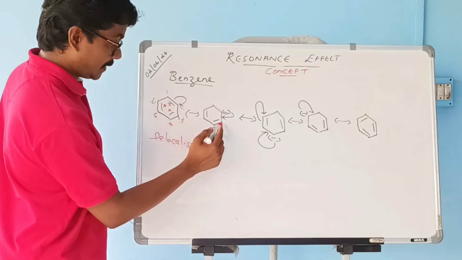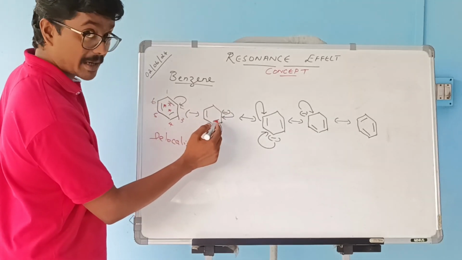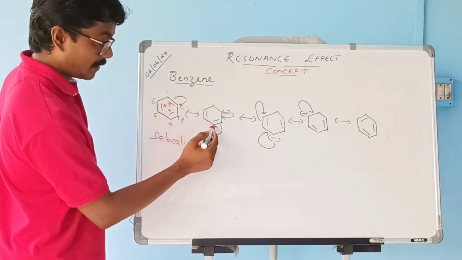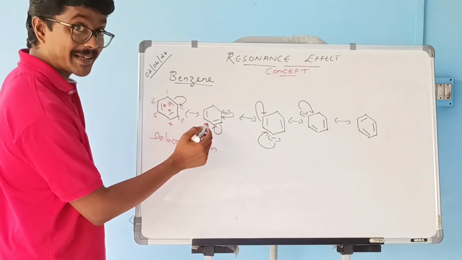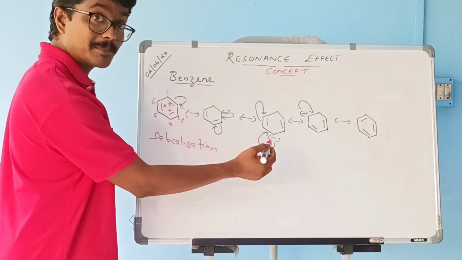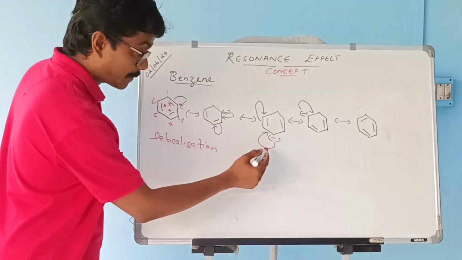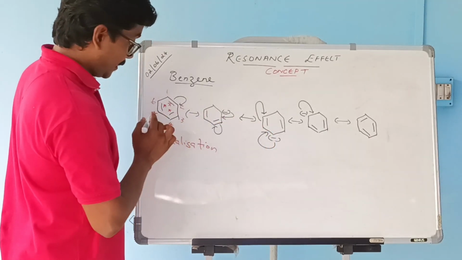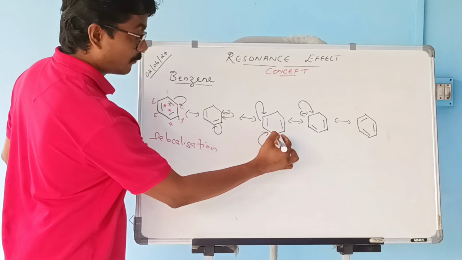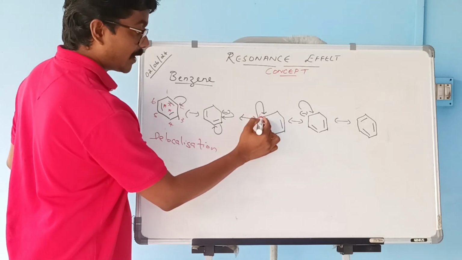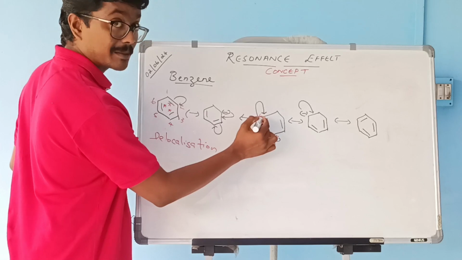The pi bond between 3 and 4 will move to the fourth carbon atom, the para position. So the negative charge comes there, and again the pi electrons are delocalized, moving to between 4 and 5, and the pi bond between 5 and 6 moves to the sixth carbon atom.